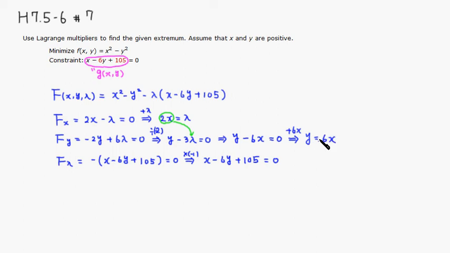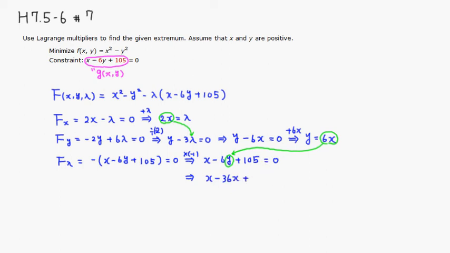Alright, so now we plug 6x in for y right here. So this is going to give us x minus 6 times 6, so it's a 36x plus 105.